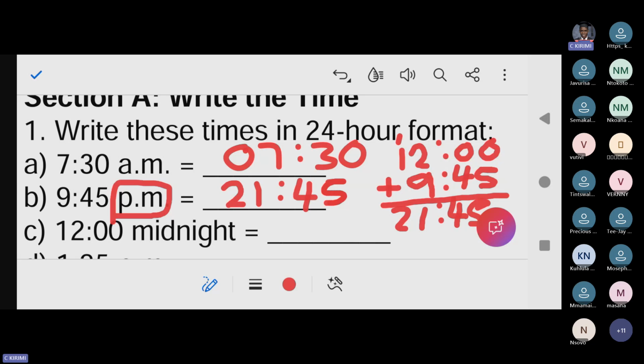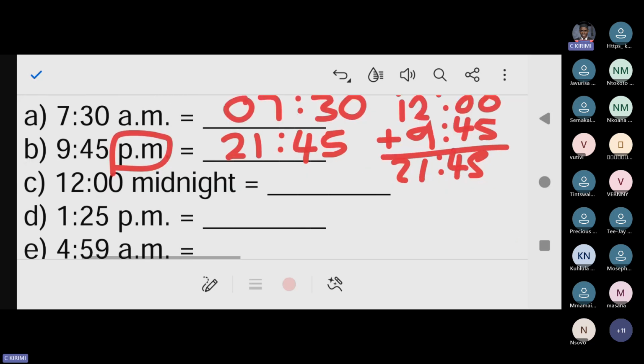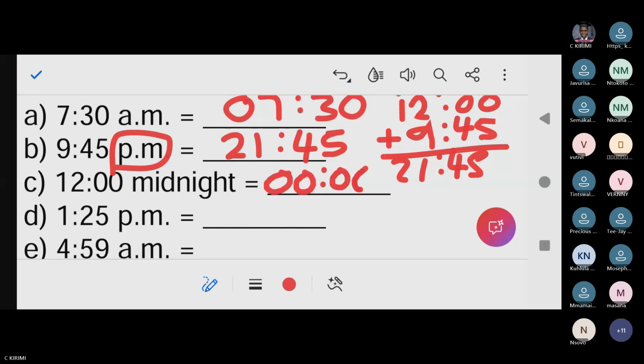P.M. means it has passed noon time. A.M. means it has passed midnight, which means it's early morning, 7 hours after midnight, but it's before noon. If it's 12 midnight exactly, the time in 24-hour notation is 0000 hours.